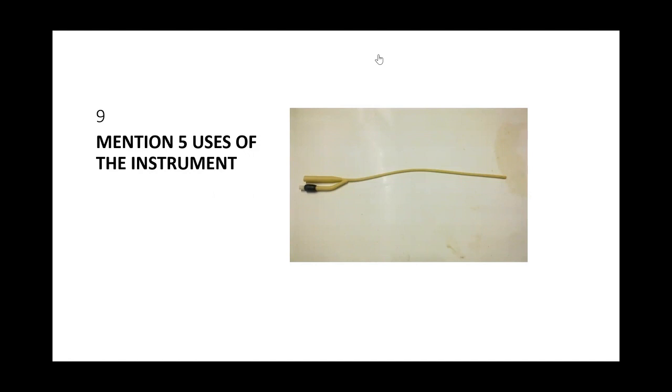Yes, go on. Checking the color of the urine basically, and the contents of the urine coming out. Okay. One, to monitor urine output. That is the only one I accepted for now.